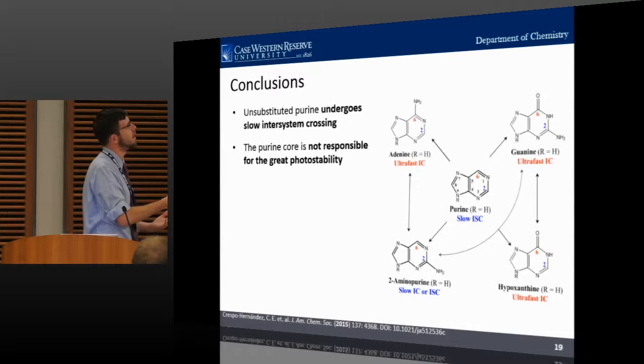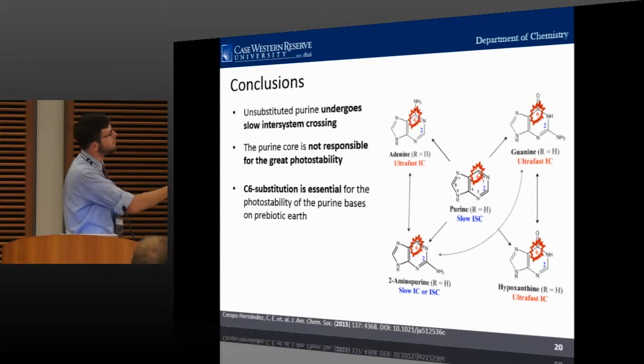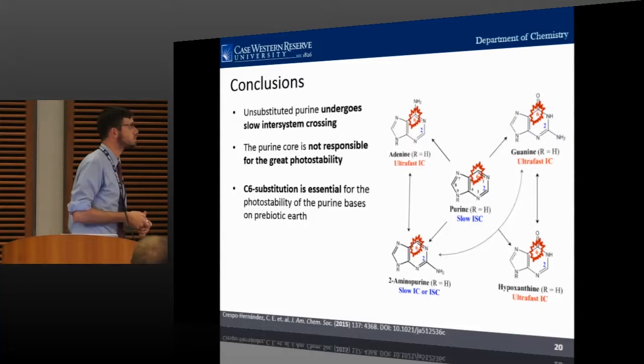Rather, it seems that having a substituent at the 6th position is what is really key to their photostability. So whether it's an amine group or an oxo group, that provides it with that photostability.